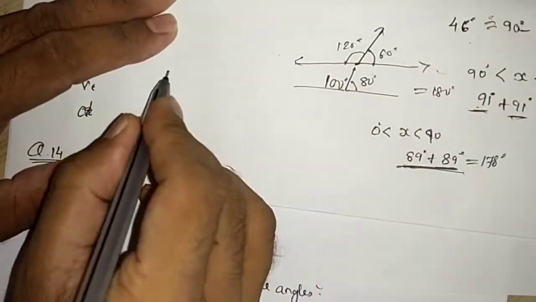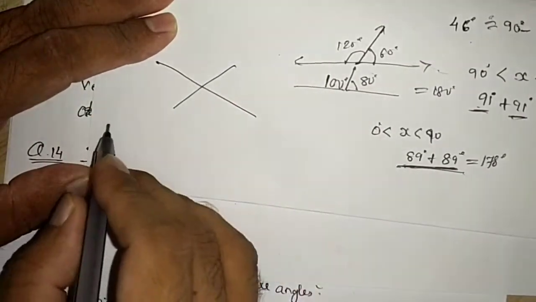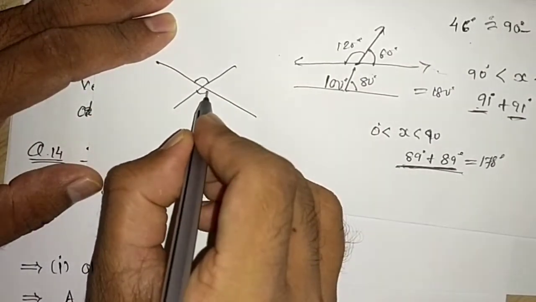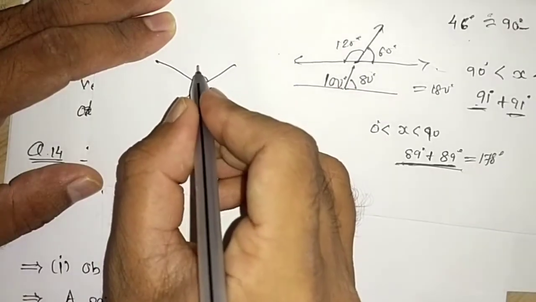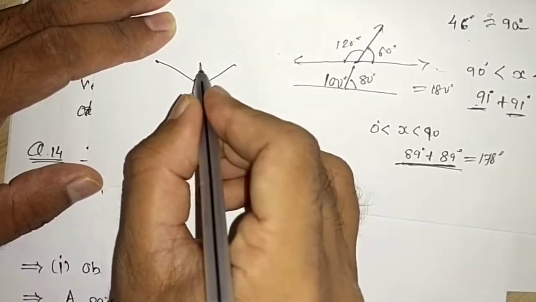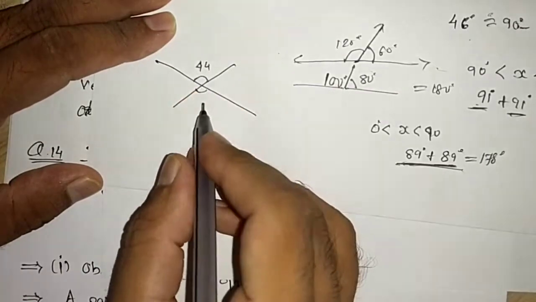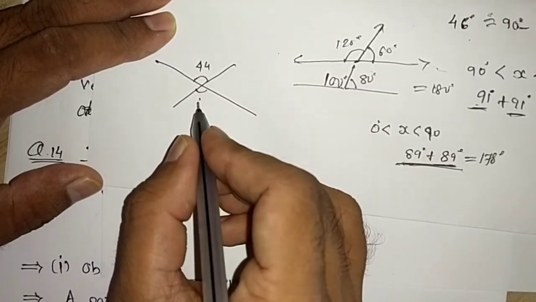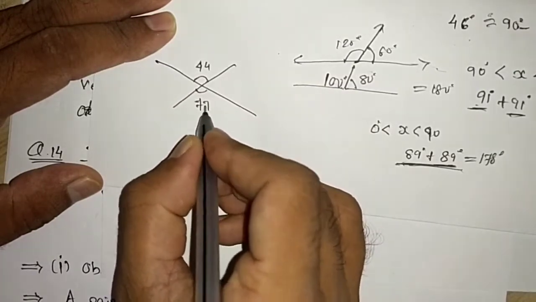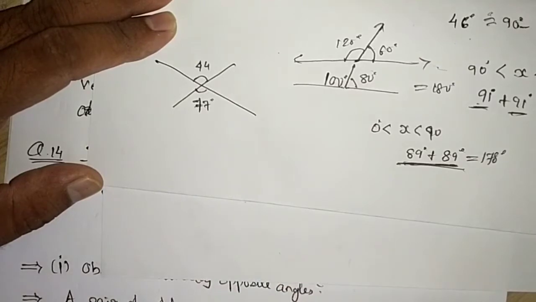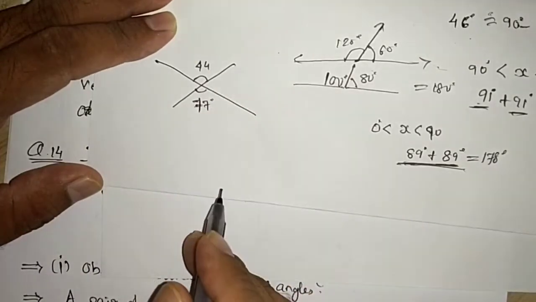Let me show you. Let me take two lines. If two lines intersect and one pair is having an acute angle, let us say it is having 44 degree and this is having 77 degree. Both are acute angles. So what will be the other angles?